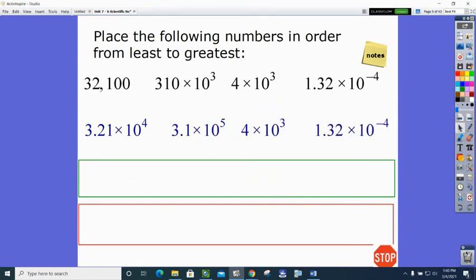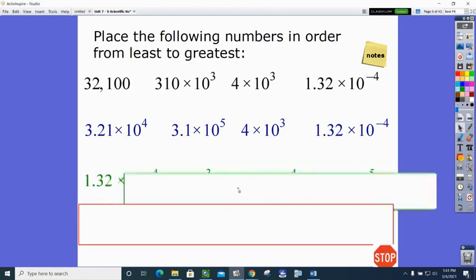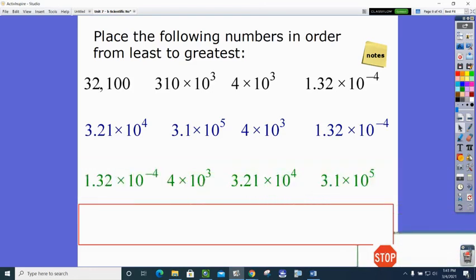Okay, so now again, order least to greatest. Did you start with your negative? Then go, again, looking at the magnitude, the power of 10. It's really easy because nobody matches here. First, second, third, and fourth. Are you with me?